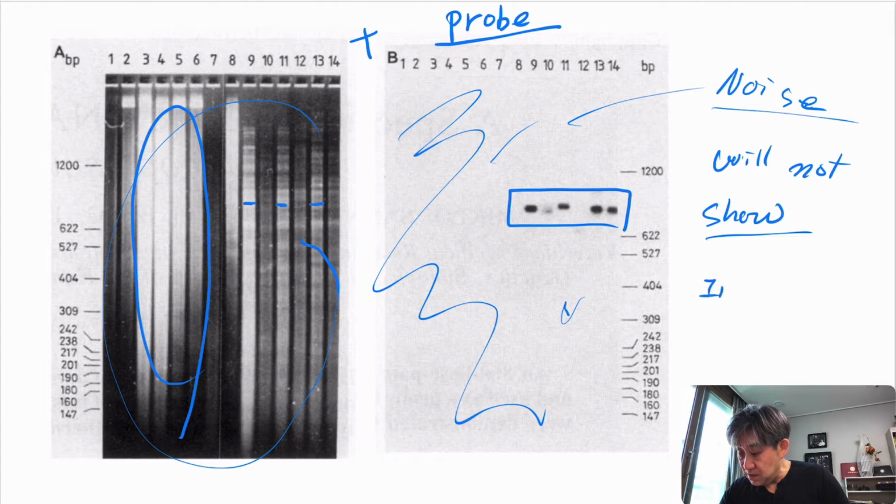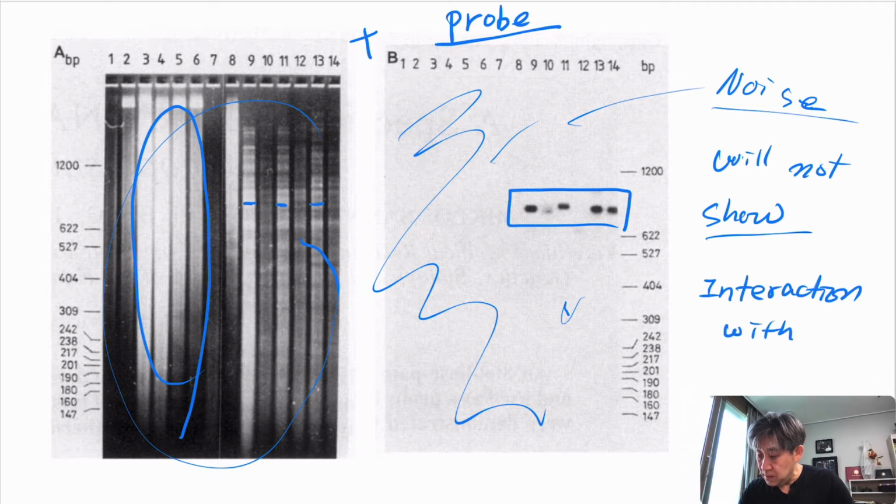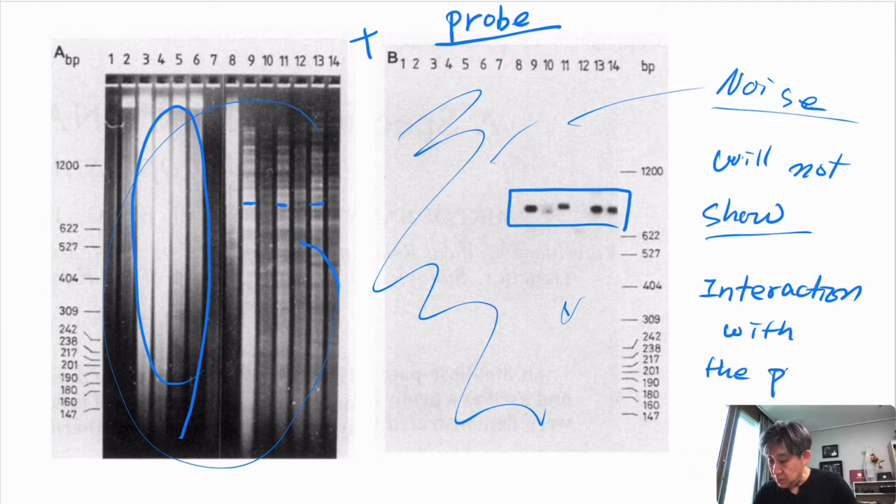So this interaction with the probe is the key. Probe will allow for specific interaction with only specific target of DNA based upon the sequence complementarity.